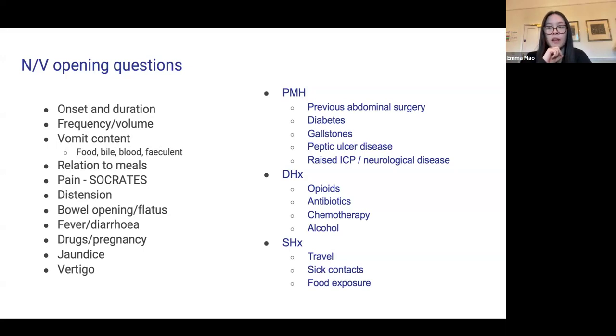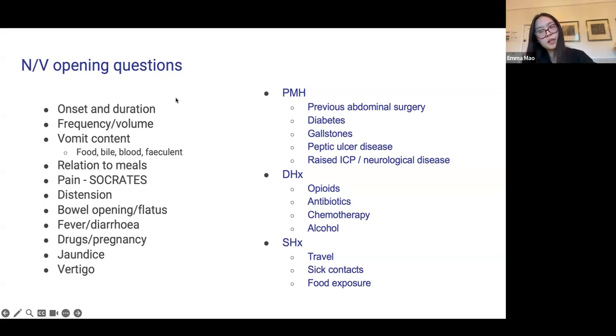Bilious vomiting, you also learn later on, is really useful to suggest a small bowel obstruction. It means that food has moved past the ampulla of Vater, and bile has been added to it, and then it's been vomited back up. If there's blood in the vomit, you need to ask what type of blood.